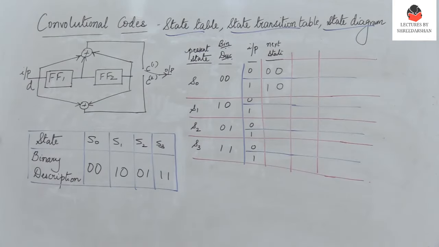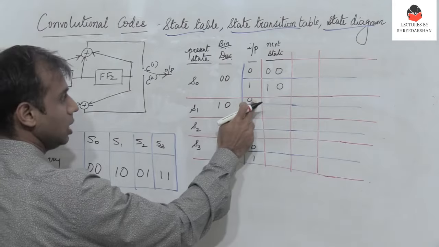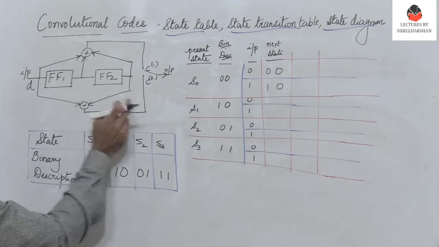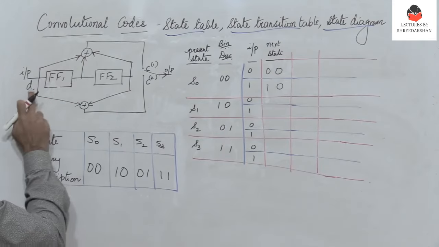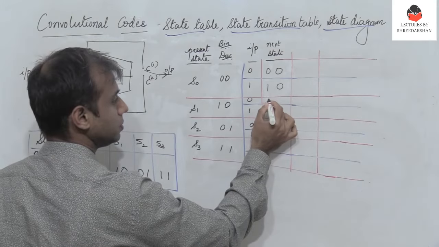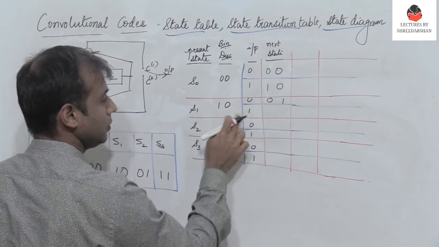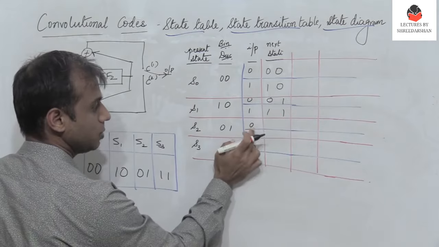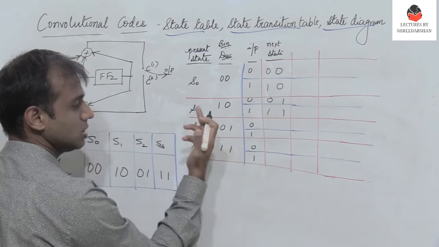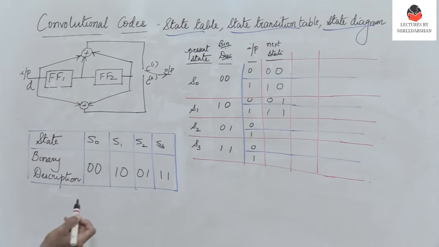Basically it is a shift of the bits here. Now if the input is 0 and the present state is 1, 0, then 1 comes here, so I would have 0, 1. And if the input is 1, I would have 1, 1. So this happens to be the first bit and this would be the second bit always, isn't it?